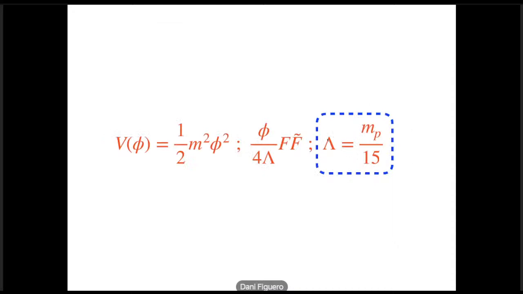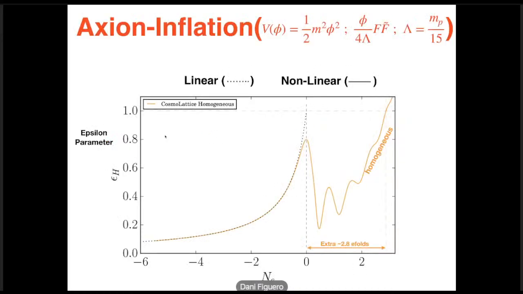So just to conclude, imagine I change the coupling now by 25%. So I enhance this lambda, which means I make weaker my coupling of phi to F F dual. Now, in CosmoLattice, we can also simulate the homogeneous back reaction. Nothing prevents us from taking expectation values in the sources and removing gradients. We can do that. And this is the epsilon parameter in our own homogeneous back reaction simulations. For this weaker coupling, what you see is that you also get extra foldings of inflation compared to linear physics.